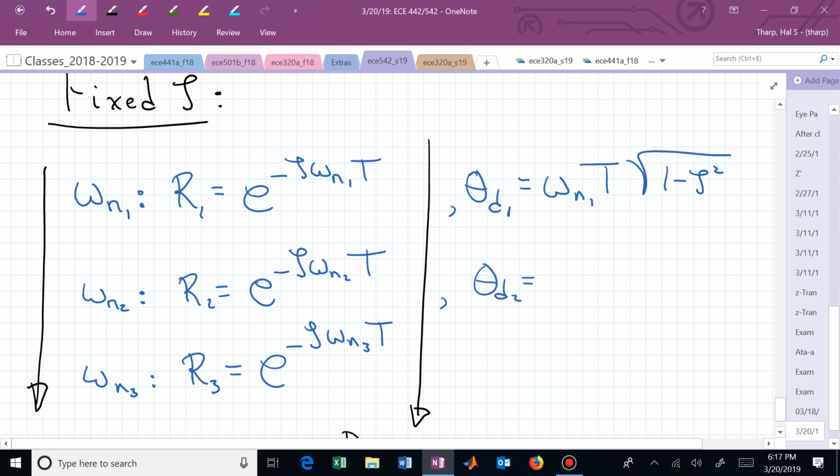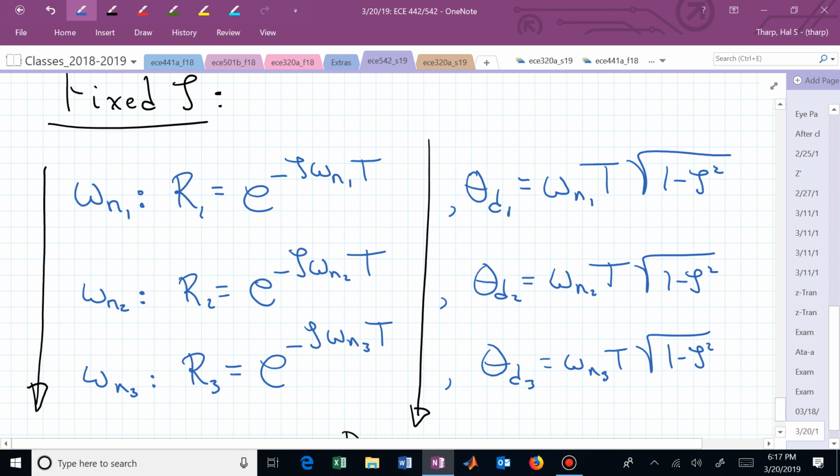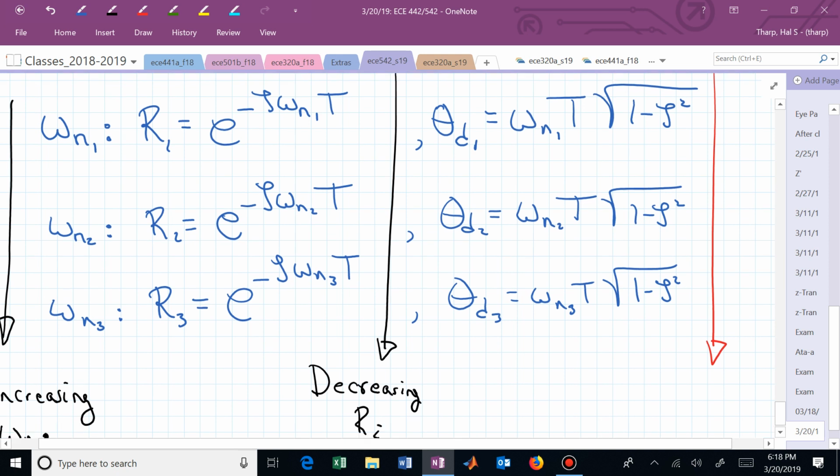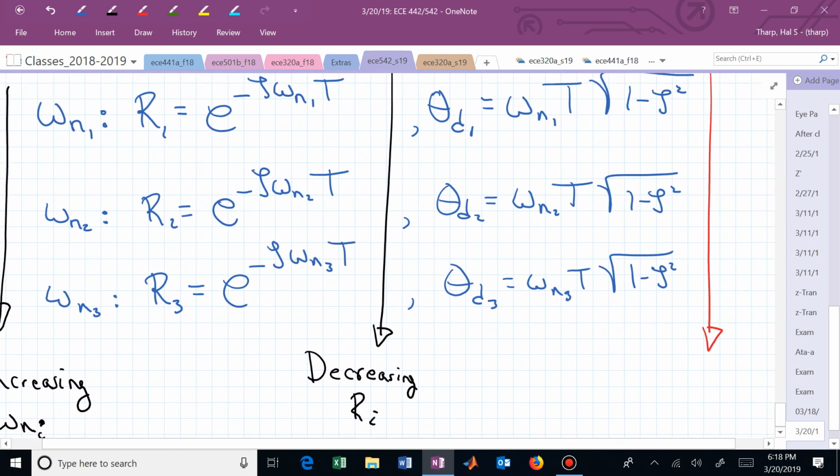Theta sub d sub 2 is omega sub n sub 2 t square root of 1 minus zeta squared. Theta sub d sub 3 is omega sub n sub 3 t square root of 1 minus zeta squared. What's happening over here to theta as we move from theta d1 to theta d2 to theta sub d sub 3? It's increasing.